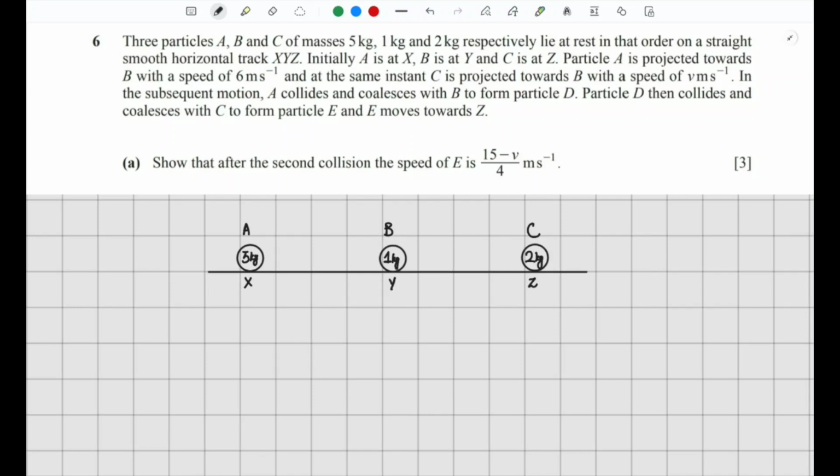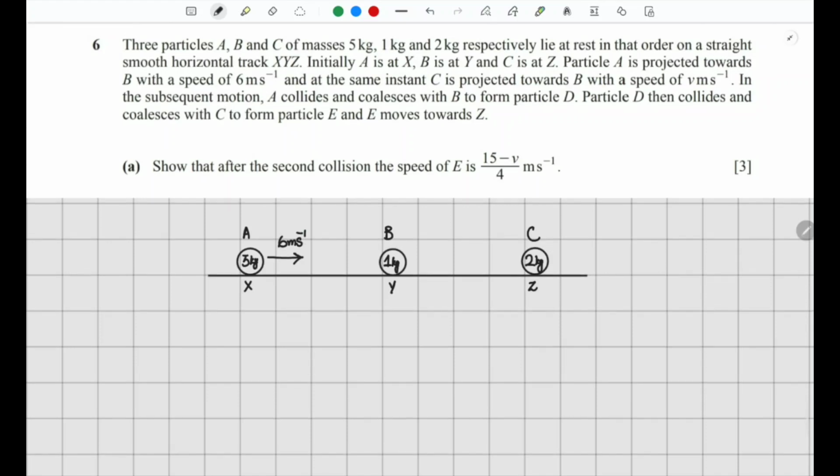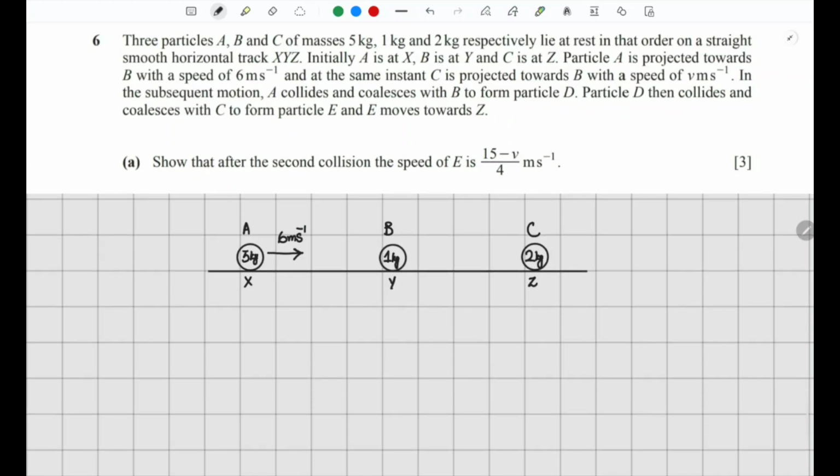Particle A is projected towards B with a speed of 6 meters per second. So initially this is 6 meters per second, and at the same instant C is projected towards B, so in this direction with V meter per second.